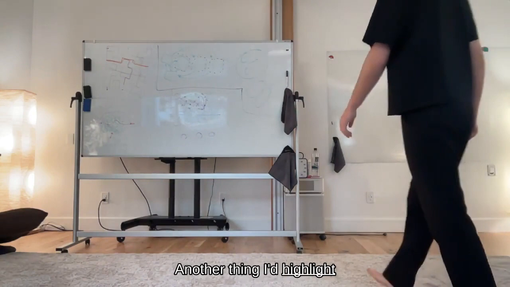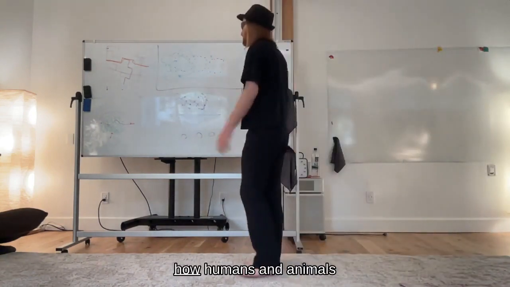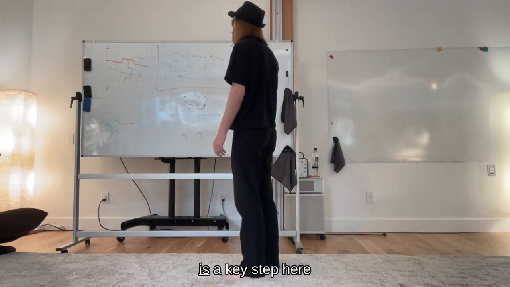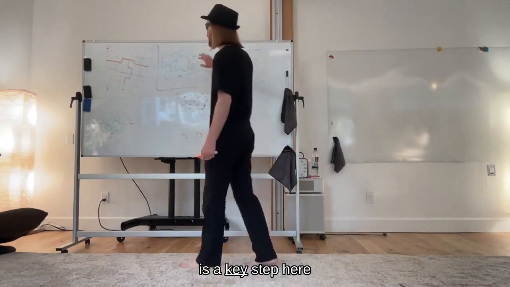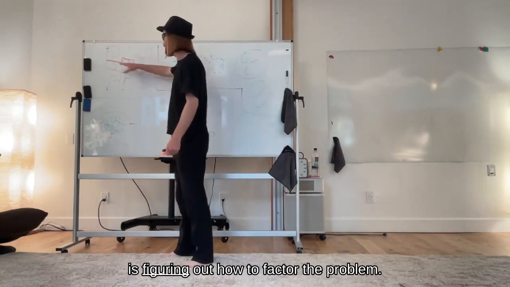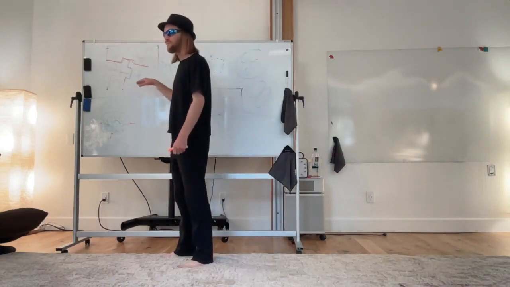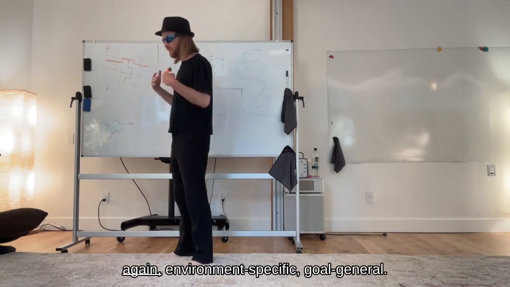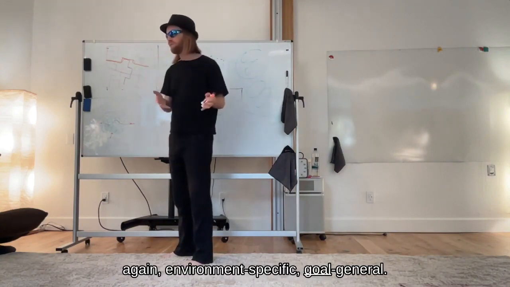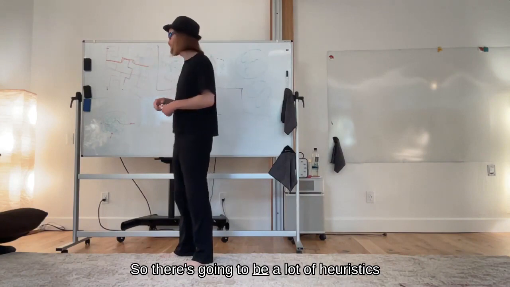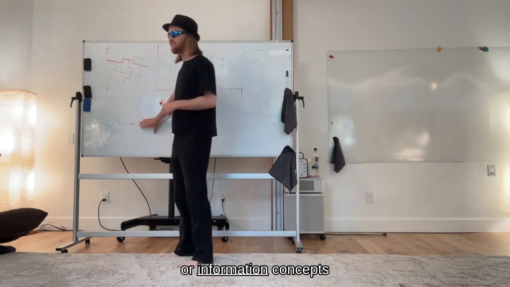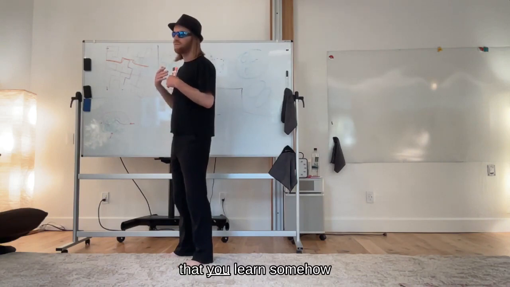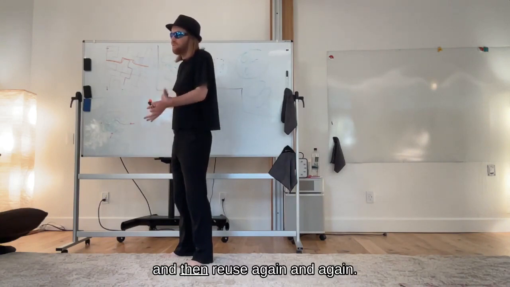Okay. Another thing I'd highlight, while you're thinking about how humans or animals diverge from the ideal here, is that a key step is figuring out how to factor the problem, right? And our hypothesis is, again, environment specific, goal general. So there's going to be a lot of heuristics or information concepts that you learn somehow and then reuse again and again.